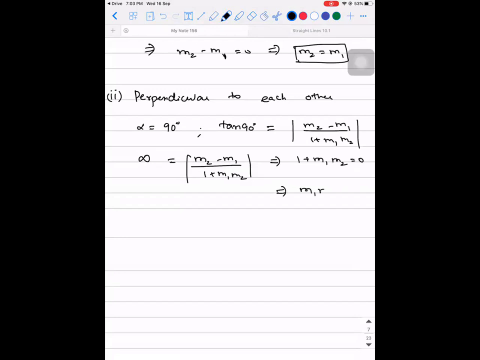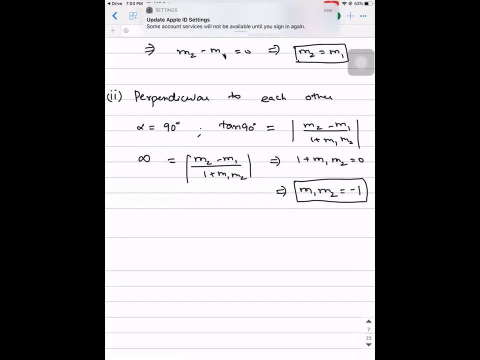So what can we conclude from this? m1 into m2 is equal to minus 1. So the important point to be noted from here is when two lines are perpendicular to each other, the product of their slopes is how much? When two lines are perpendicular to each other, the product of their slopes is minus 1.